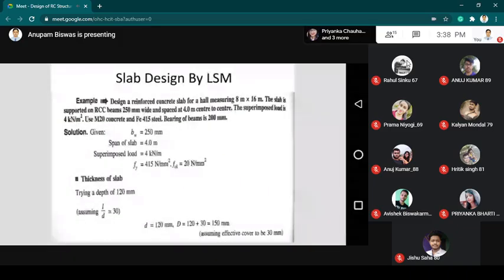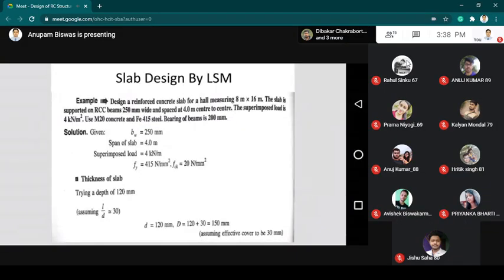So let us discuss this by using an example. It is asked to consider a reinforced concrete slab of a hall measuring 8 meter by 6 meter, and the slab is supported on RCC beams. The supports are 250 mm wide and spaced at 4 meter center to center.